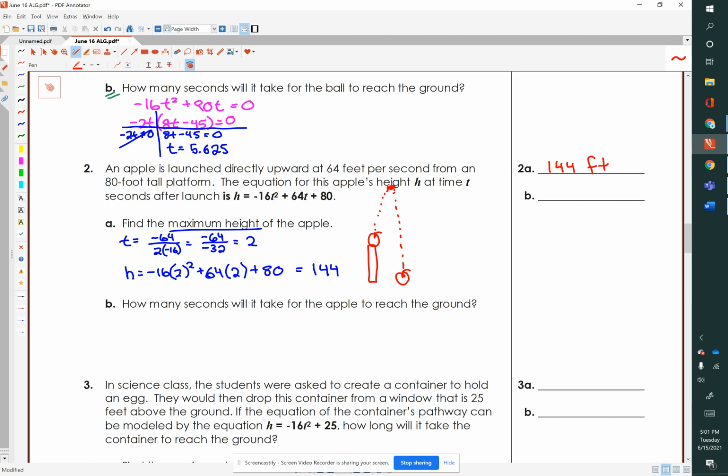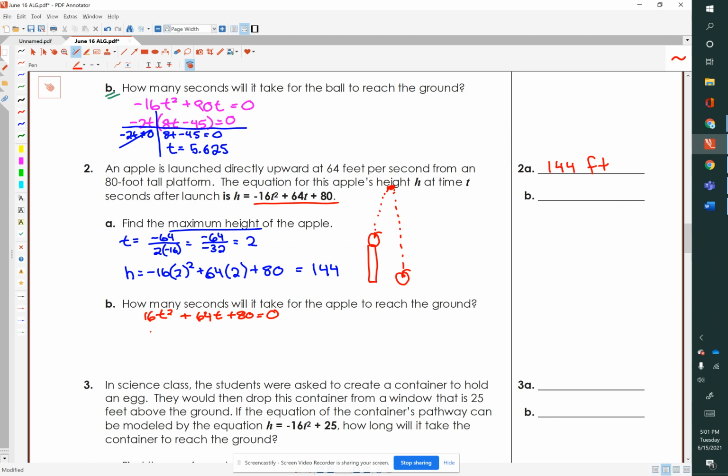So we're going to take our original equation and we're going to set that equal to 0 and solve for t and see how many seconds. So here we go. We've got negative 16t squared plus 64t plus 80, and we set that equal to 0.